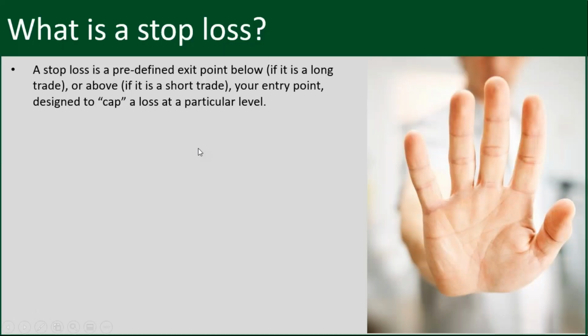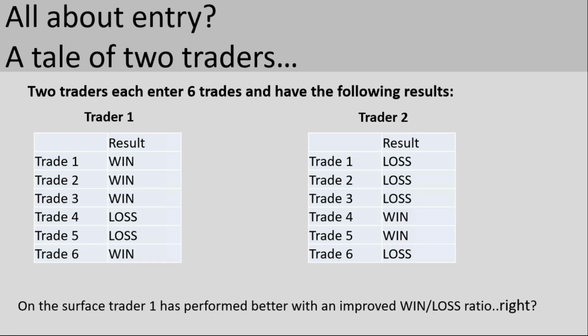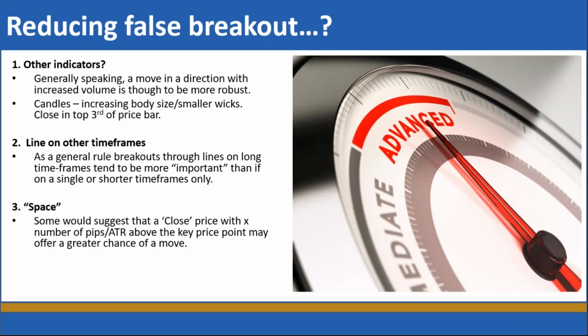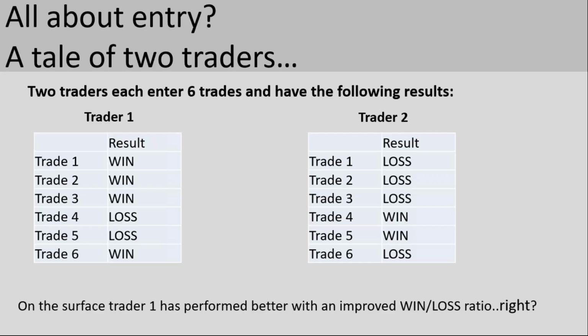I just want to briefly go over some things. Why we're so rigid about having that risk stop in place is you'll see these two traders here. We've got one trader who's got 4 wins and 2 losses, another one who's got 2 wins and 4 losses, and you would assume that that better win-loss ratio for trader 1 would result in better results, but no, wrong way.